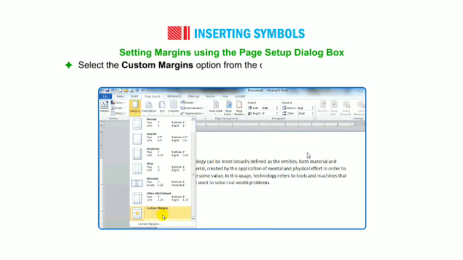Select the custom margins option from the drop down list to specify your own margin settings. As I told you earlier, the last option is custom margins, and you can change it according to your choice.